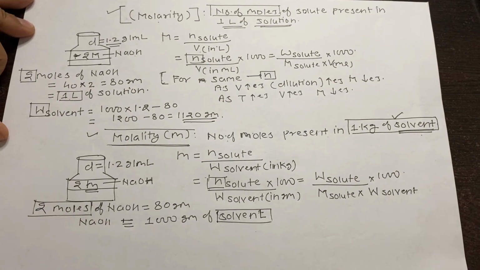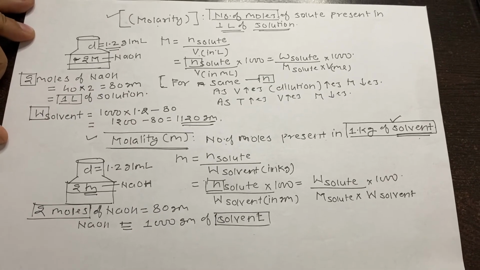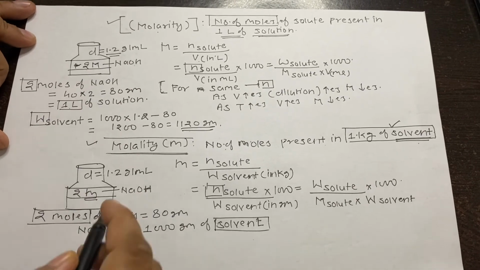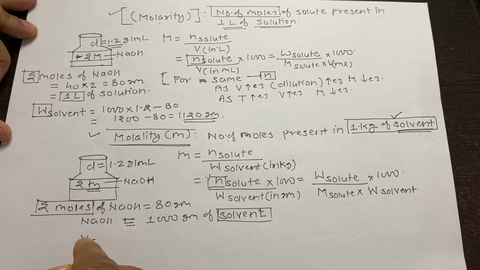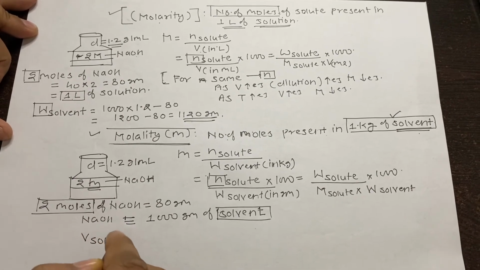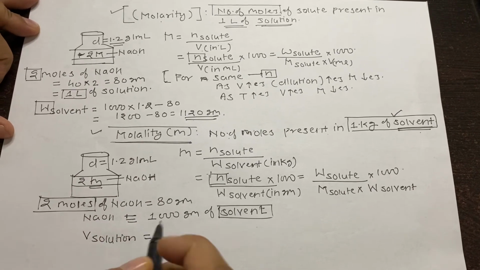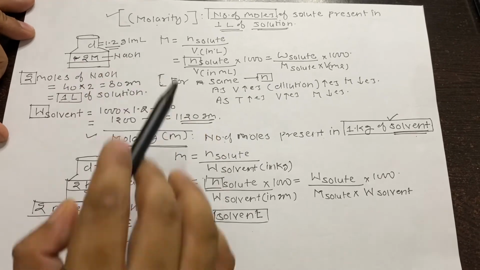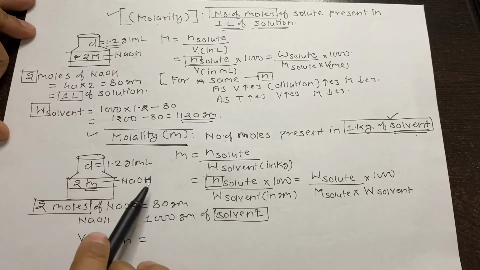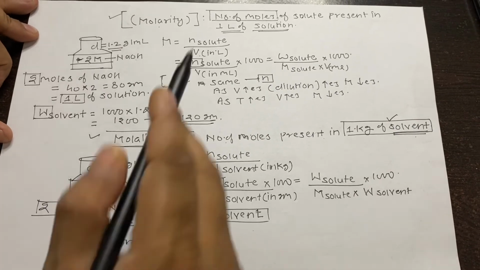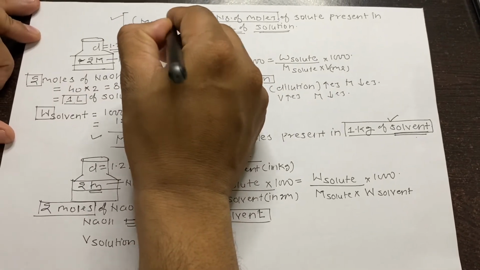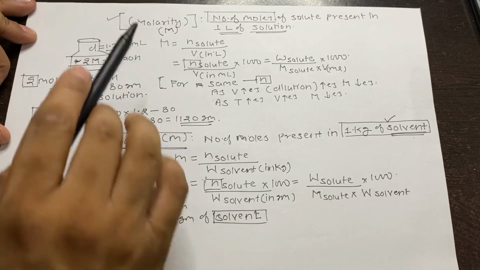So how can we calculate the other parameters? Suppose it is required to calculate the volume of solution. You know the volume of solution is required to calculate the molarity. This is helpful when the molality is given and it is required to calculate capital M, the molarity.